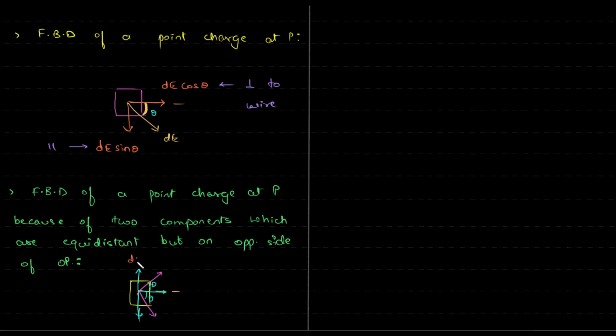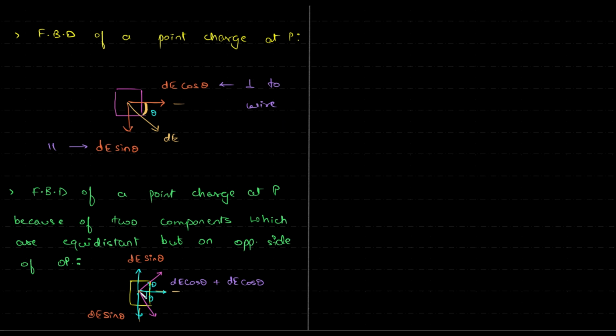So this would be your dE sine theta, and this is also dE sine theta. What will happen to the dE sine theta components? Yes, they will cancel each other. And this would be dE cos theta plus dE cos theta. This will add up. So basically the parallel components will cancel each other and the perpendicular components will be adding up.